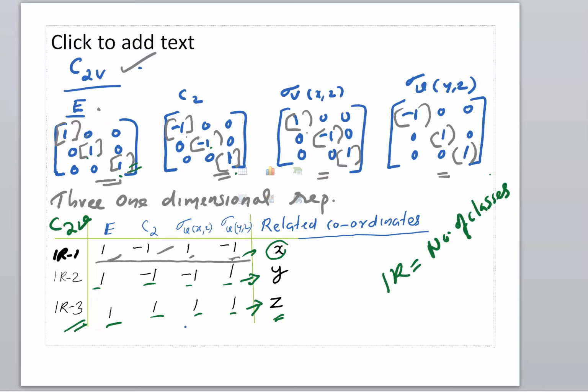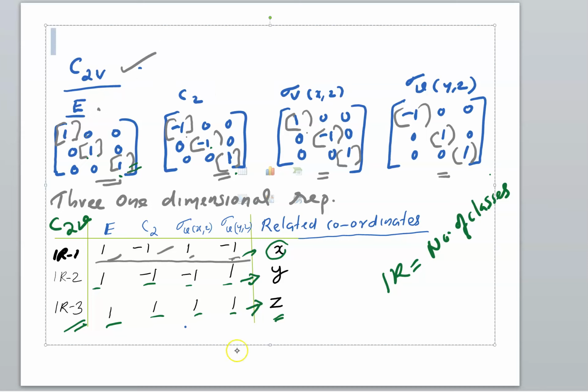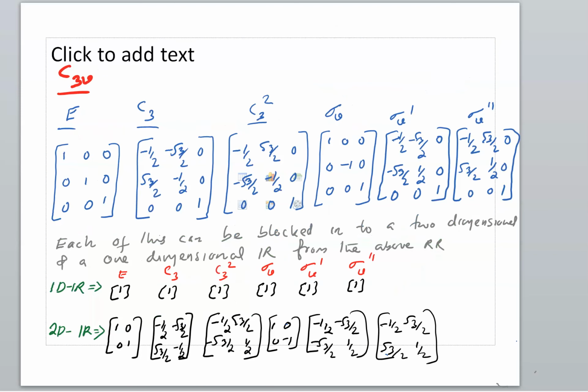And this is the C2V point group. Okay. Another example, for C3V also we have discussed the 3-dimensional matrix representation like this. We already derived this representation. For this one, E, C3, C32, sigma V dash, sigma V double dash. I think you remember this.